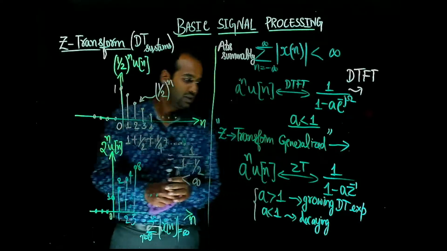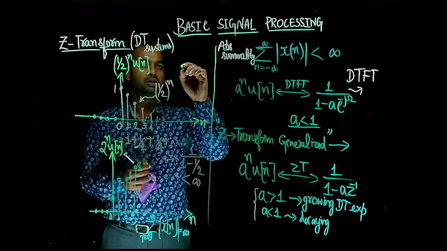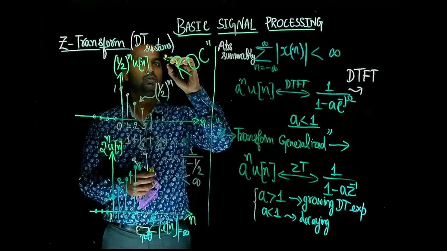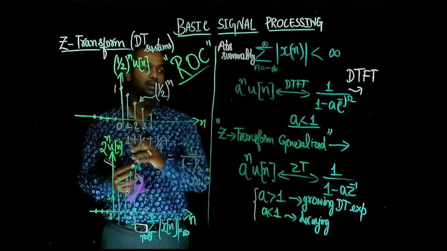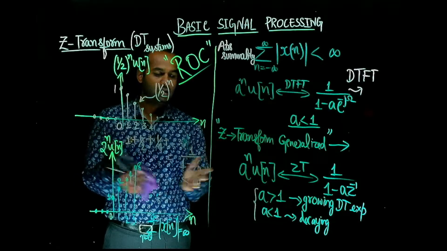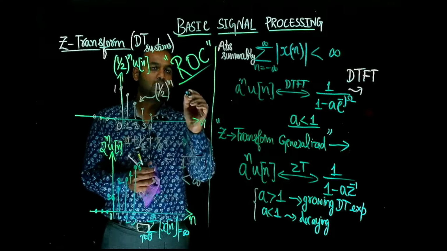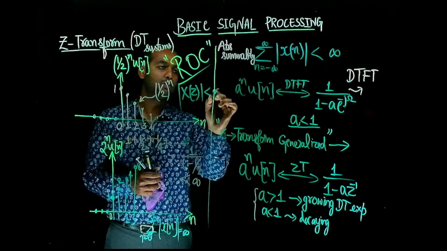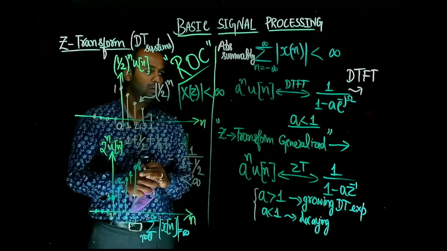The region where Z transform is valid is denoted by the range of values of Z. That is referred to as region of convergence, ROC. ROC is a region where Z transform is valid. That is a connected region, and in this connected region, the magnitude of the Z transform which we calculate is finite. We will see about ROC in the next video.